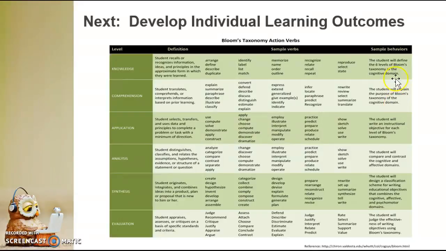So that is how you would write in a learning objective for yourself. Again, here they've used the word define, that is listed over in the first column, the second one down, as the verb for their outcome measure.